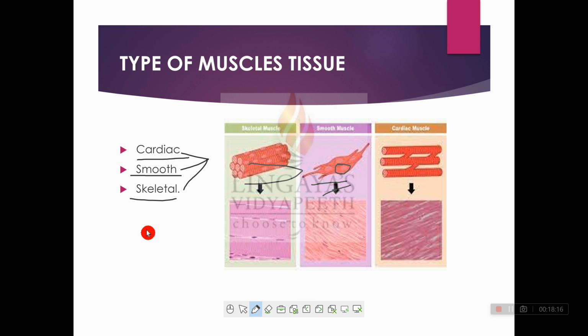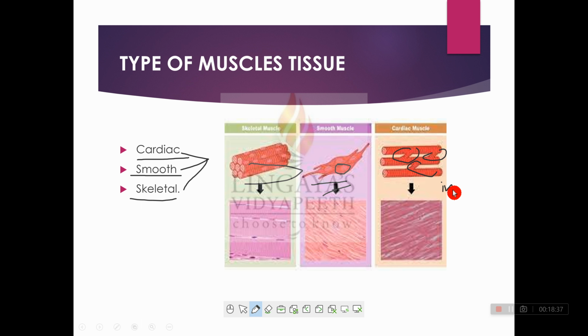Now talking about the cardiac muscle. Cardiac muscle, as you can see in the picture, has branching fibers. They have one nucleus per cell. Striations and intercalated discs are present in the cardiac muscles.